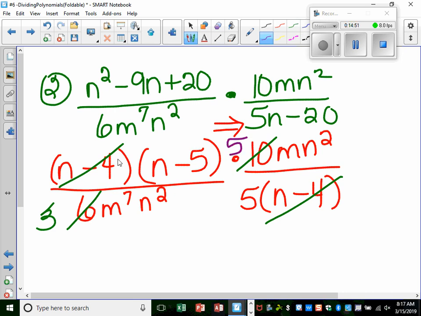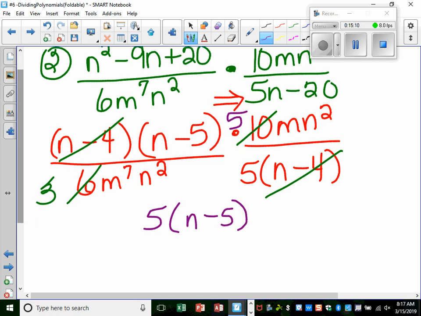So now I'm just going to go ahead and write what's left at the top so I can simplify it with these variables at the bottom. So I'm left with the 5 at the top. And look, I know eventually I'm going to cross these out, but right now let's just write 5 at the top, n minus 5. Okay, so I wrote that. At the bottom, I'm going to be left with this 3 times 5.